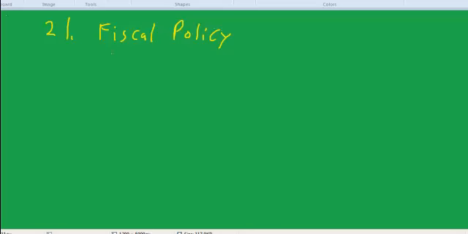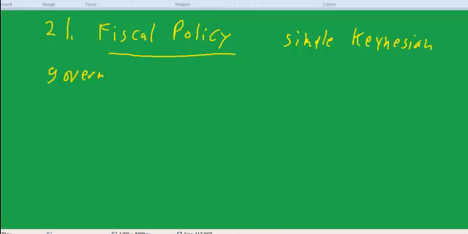This is Dr. Kling, and today we're going to discuss fiscal policy. And we're doing this again within the context of a simple Keynesian model, like we were doing last time. Fiscal policy consists of government spending and taxes.